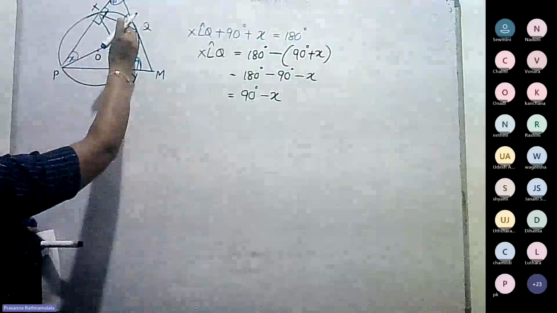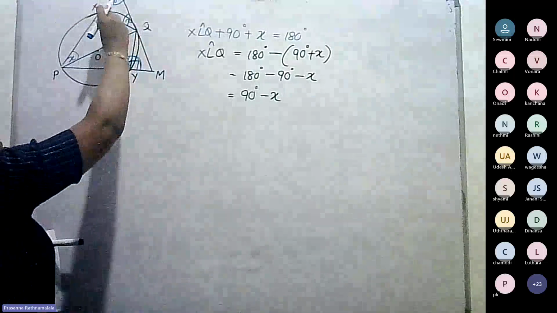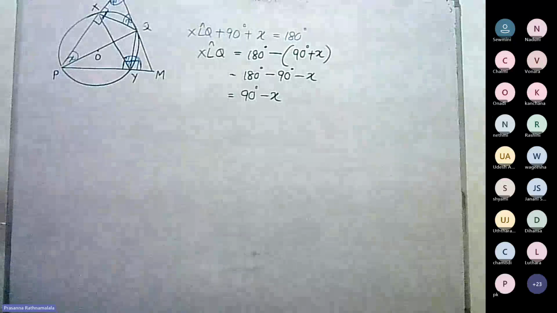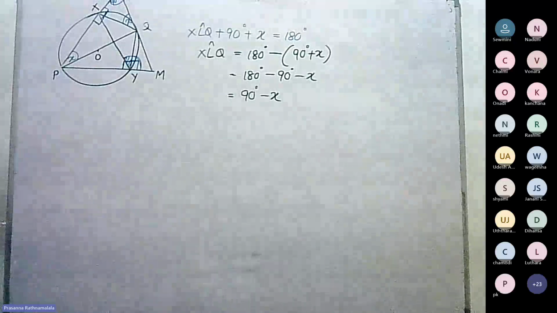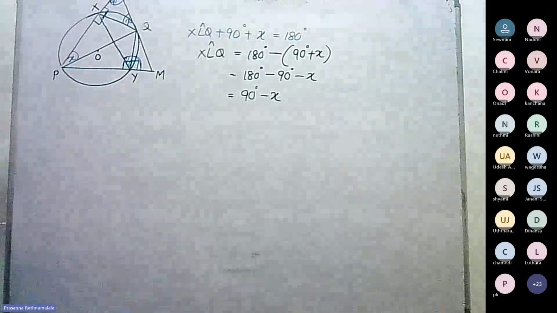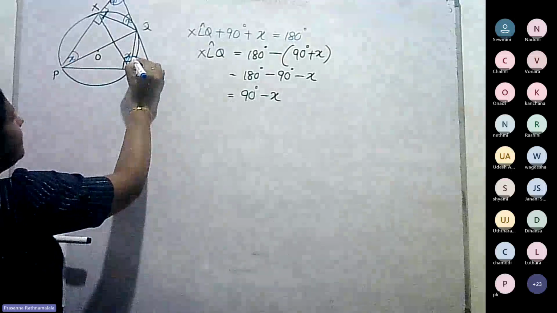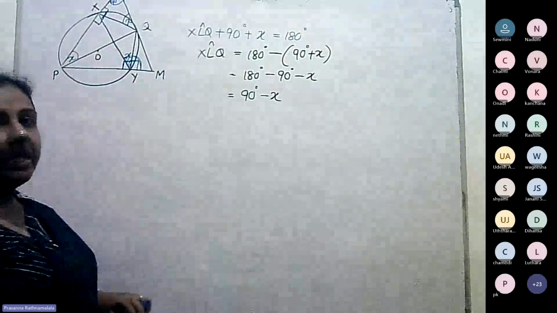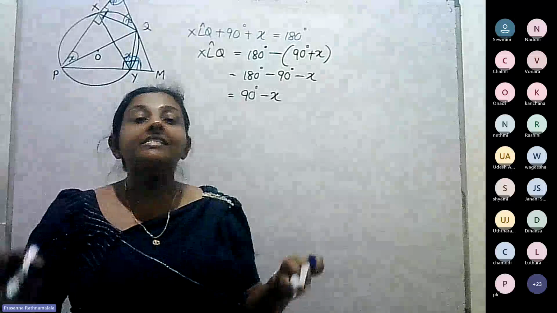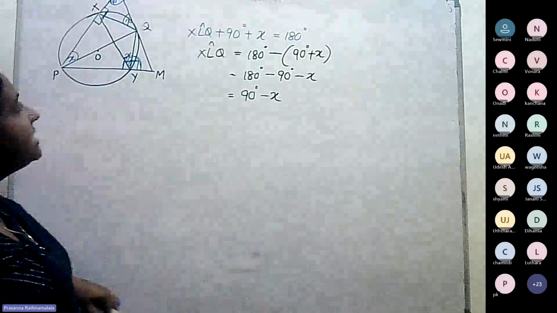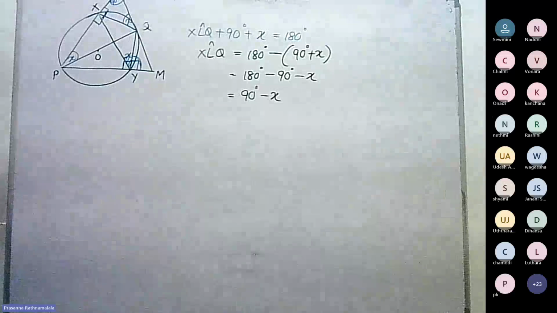The angles in the alternate segment are equal. Now, what is the magnitude here? That one also X, the angles in the same segment.